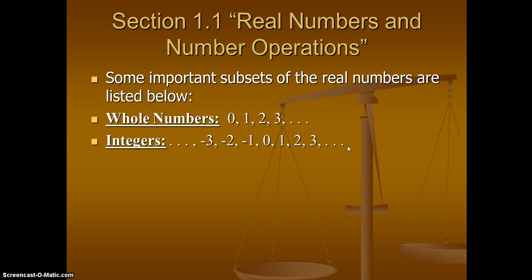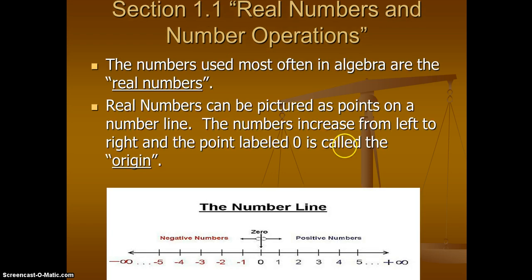In the slide before that, I forgot to mention, let me go back, we saw this symbol here. Again, here's the three dots, and the negative side will go on forever, towards negative infinity. This is an infinity symbol. It looks like a sideways 8.